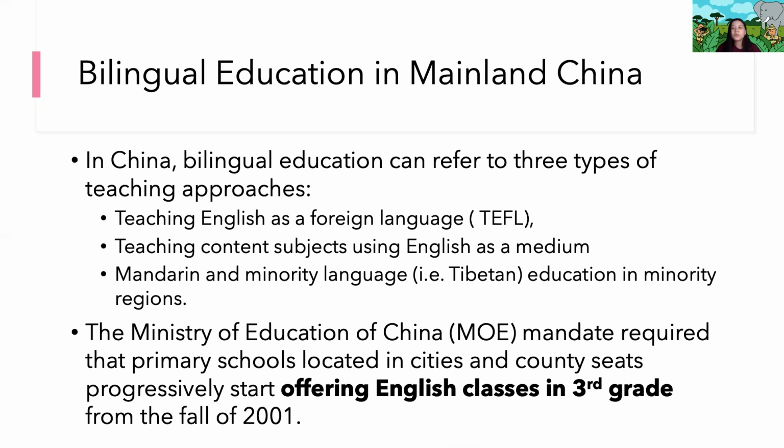In China, elementary school ranges from grade 1 to grade 6. And this is also applicable for secondary, including middle and high schools.